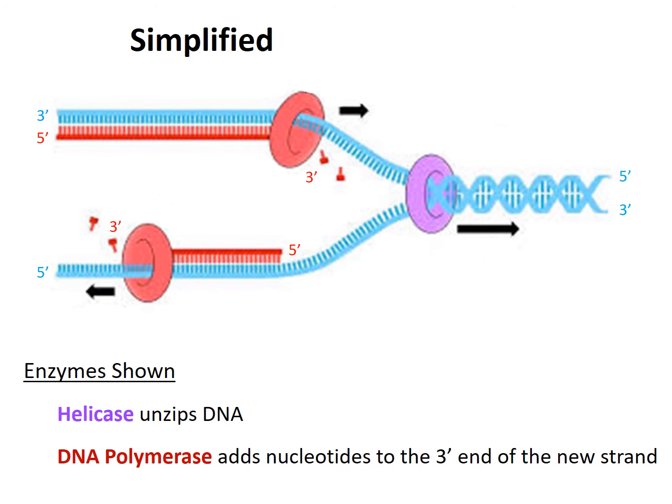Here you can also see the individual red nucleotides that are going to be pulled out of the cell and put down by the DNA polymerase bound across from those light blue parent strands of DNA. But this is a simplified cartoon, so what's missing here is the RNA primers.